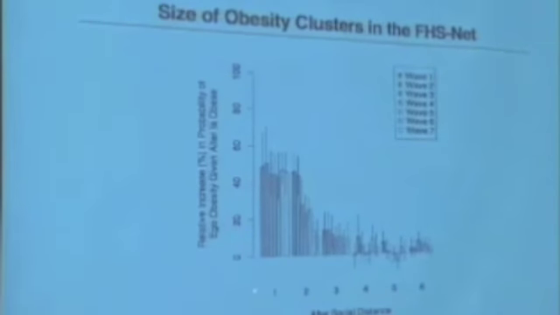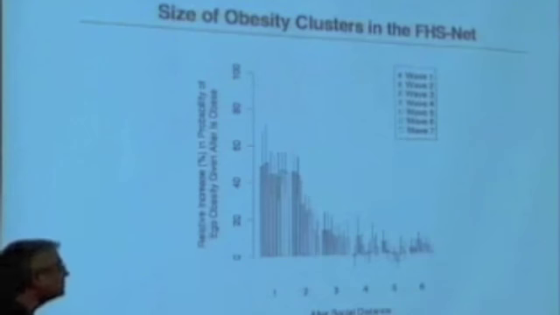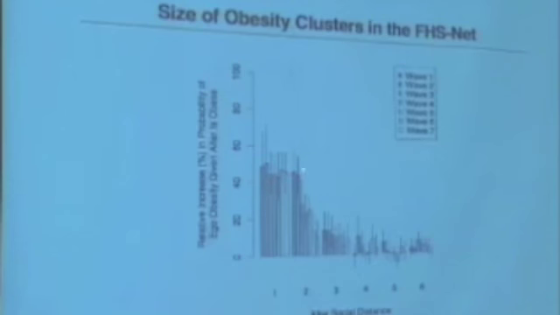And what we find is that 1 degree removed, there's a 40% excess risk from an obese individual. And I should say, everything I'm discussing applies equally to the spread of non-obesity and obesity. The effects are symmetric, but I'm phrasing them in terms of obesity. There's a 40% excess risk that individuals 1 degree removed from me are obese, more than chance alone. 20% excess risk, 2 degrees removed. 10% excess risk, 3 degrees removed.